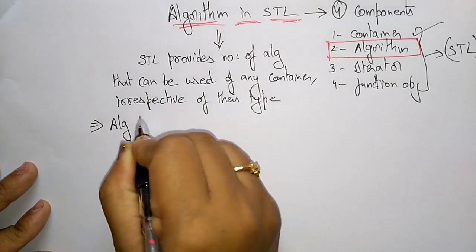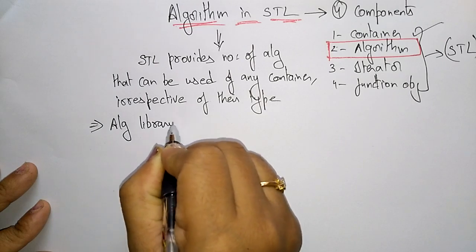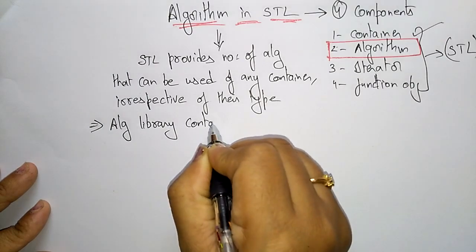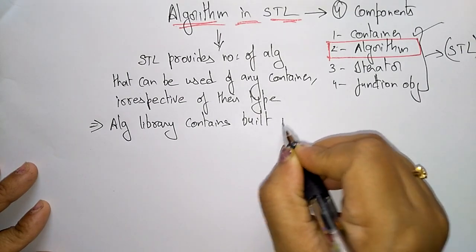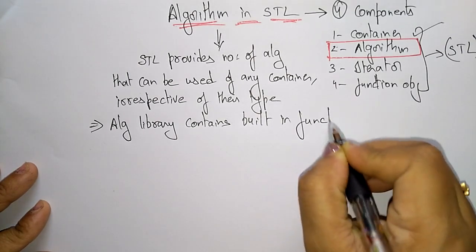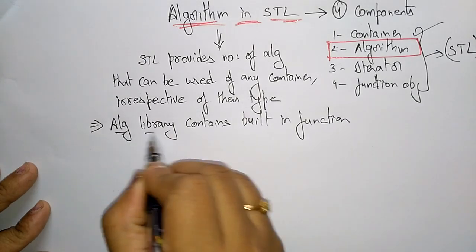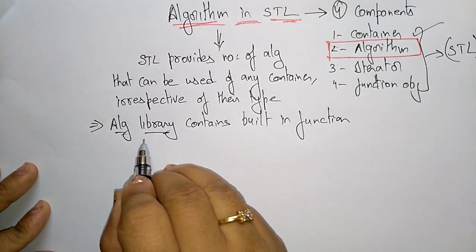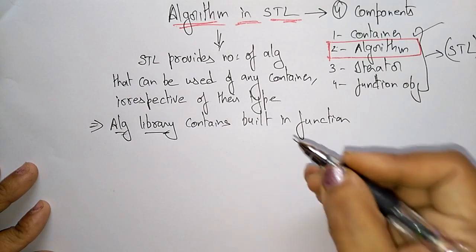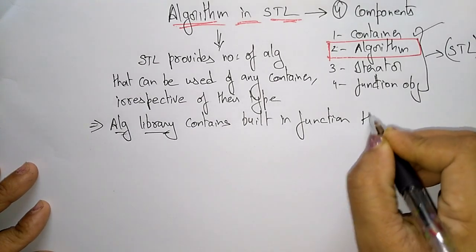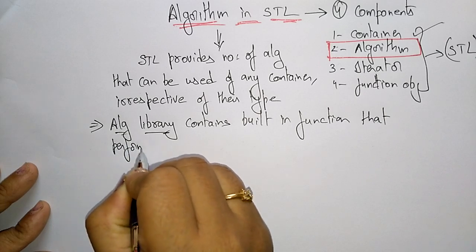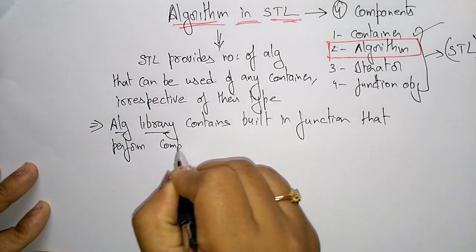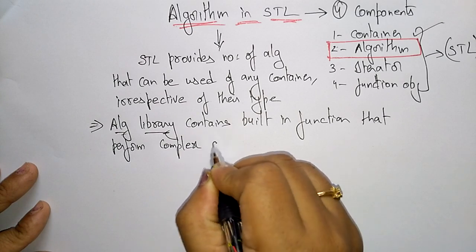The algorithm library contains built-in functions. So in the algorithm library we have some built-in functions that can perform complex algorithms on data structures.